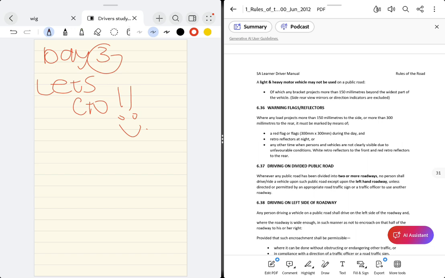Warning flags: where any load projects more than 150 millimeters to the side, or more than 300 millimeters to the rear, it may be marked by means of a red flag of 300 by 300 during the day and a retro reflector at night, or at any other time where persons and vehicles are not clearly visible due to unfavorable conditions. White retro reflectors to the front and red retro reflectors to the rear.